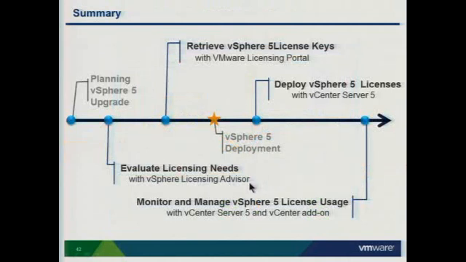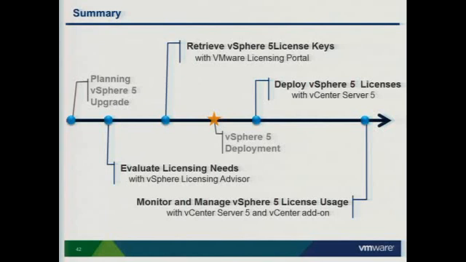All right, so wrapping up here, at this point we reviewed all the four key elements that relate to licensing in terms of the customer journey upgrading from 4 to 5 or from 3.5 to 5. The four key things we reviewed were how you evaluate your licensing needs prior to upgrading using the vSphere Licensing Advisor, and how you retrieve your license keys from the licensing portal.